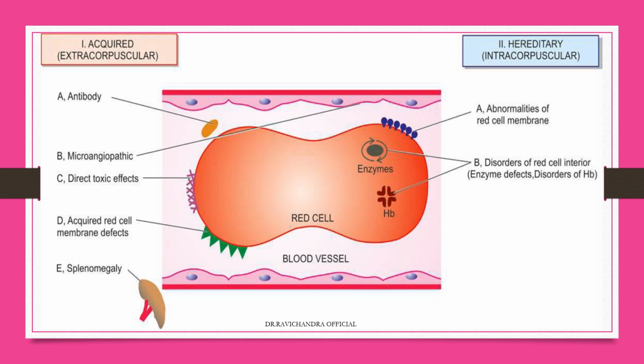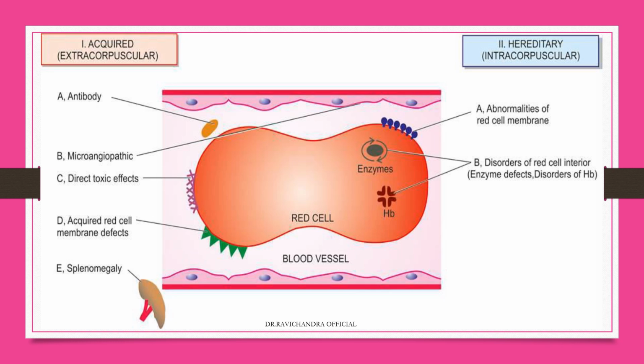Hereditary may be because of the abnormalities of the red cell membranes or because of the disorders of the red cell interiors. Acquired may be because of antibody mediated causes, mechanical trauma, direct toxic effects, acquired red cell membrane defects, or because of splenomegaly.